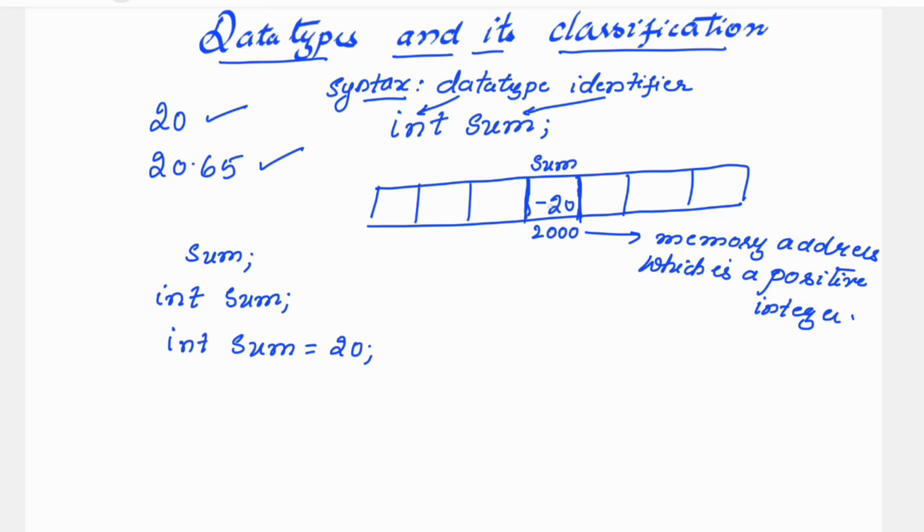The difference is that one was a positive integer and this is a negative. It takes it because it is an integer type. Suppose instead I write 20.3, then this is not allowed. The reason is you have declared the variable as integer, but you are giving a decimal number. Hence the value can be a positive or a negative integer.